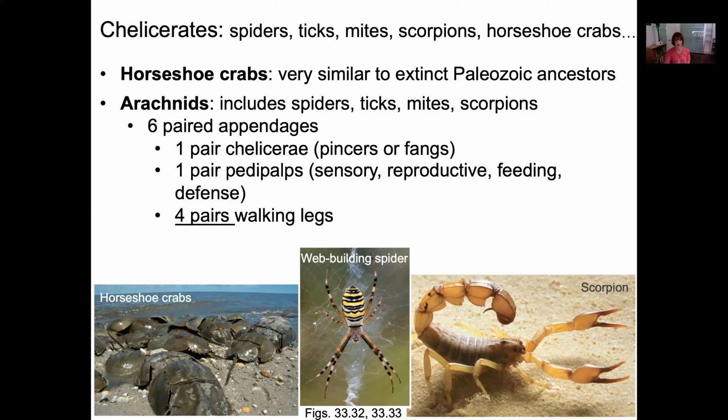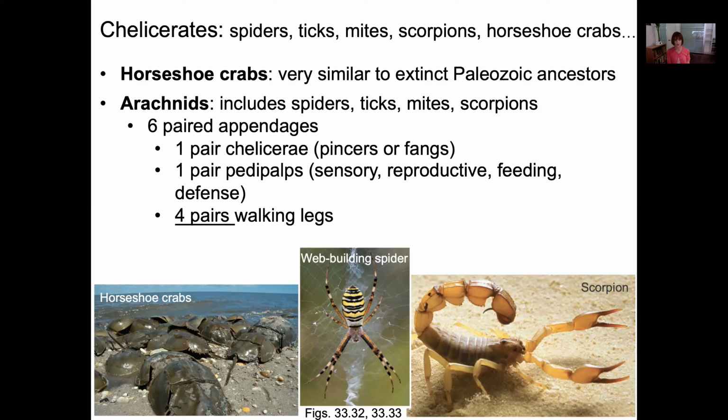And then they have one pair of pedipalps, and these are specialized structures for their sensory apparatus, and also specialized in some cases for reproduction, feeding, defense, and so on. A great example is the scorpion. And then they have 4 pairs of walking legs. So 1, 2, 3, 4, 1, 2, 3, 4, 8 total, right, on both sides.